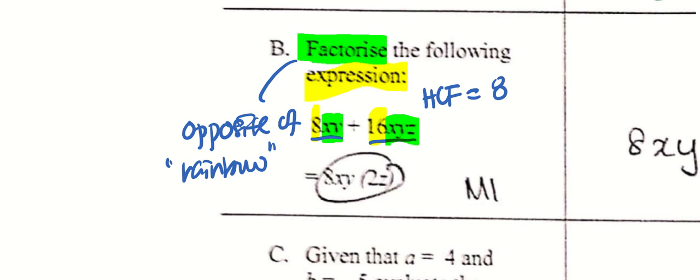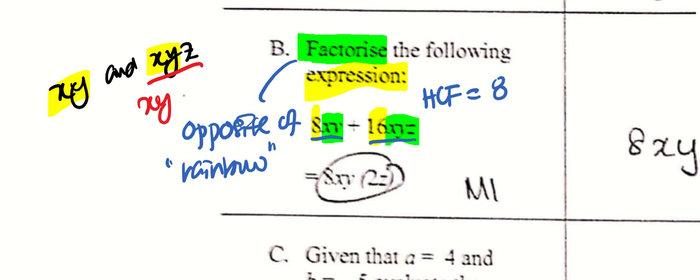What is the highest common factor between xy and xyz? If you write it out, clearly, it is xy. In case you're not sure why, because xyz is simply xy times z. Okay, so your highest common factor in this case is 8 times xy, 8xy.